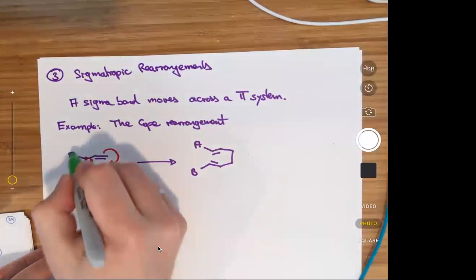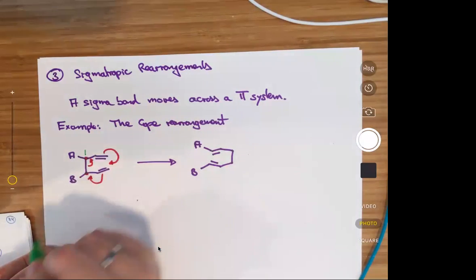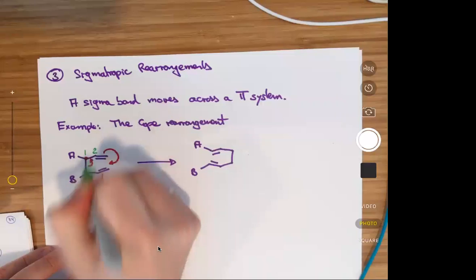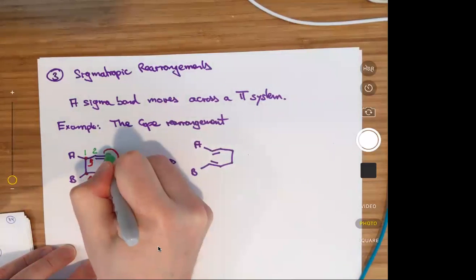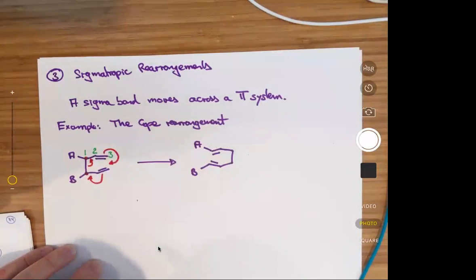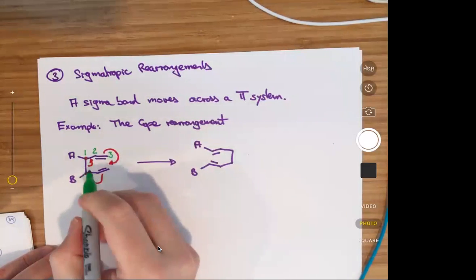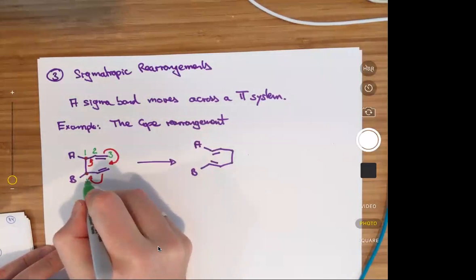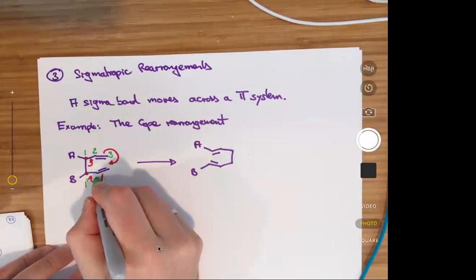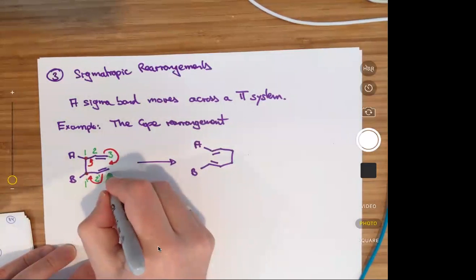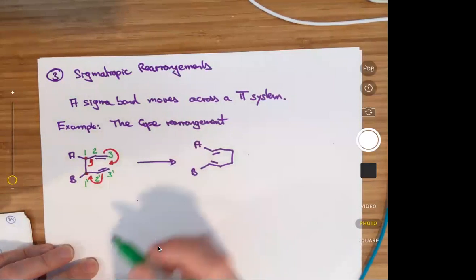So in this case, we can call this carbon atom 1, this carbon atom 2, and this carbon atom 3. And on the other side of the sigma bond, we call them 1 prime. We call this one here 2 prime, and this one here is 3 prime, right?